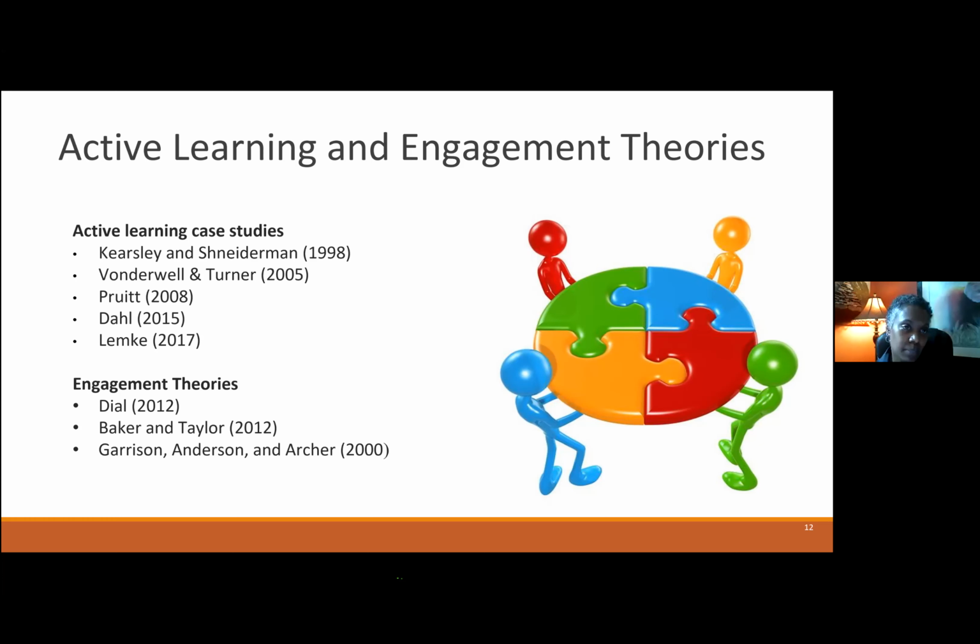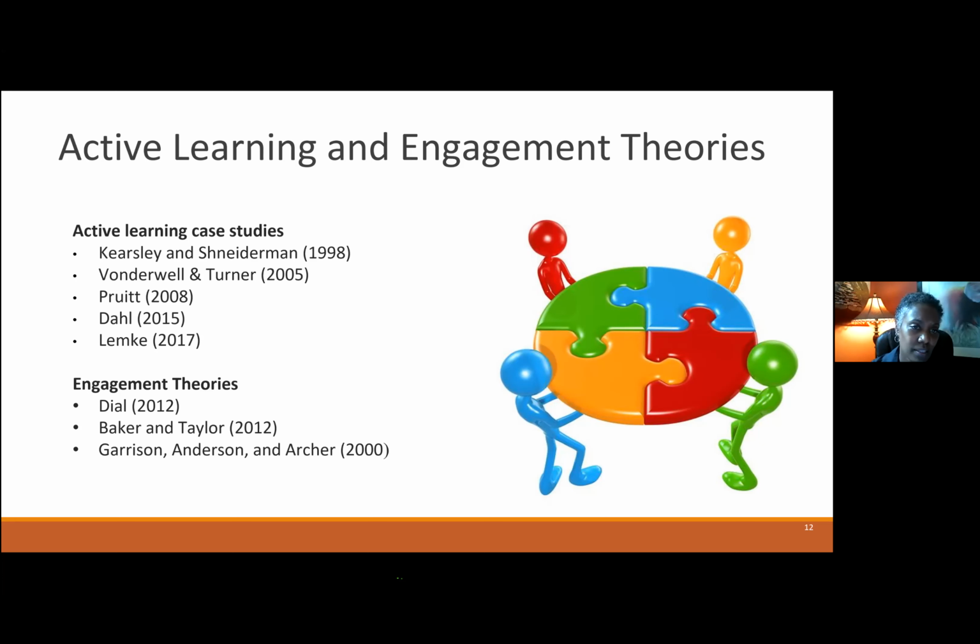Engagement theories, as Beth René mentioned above, for Garrison, Anderson, and Archer, state that teaching presence in an online course is an important factor for fostering a sense of classroom community, which in turn supports higher order thinking. Positive correlations between teaching presence and successful student learning have also been established.